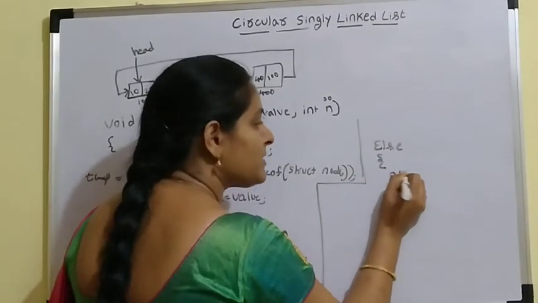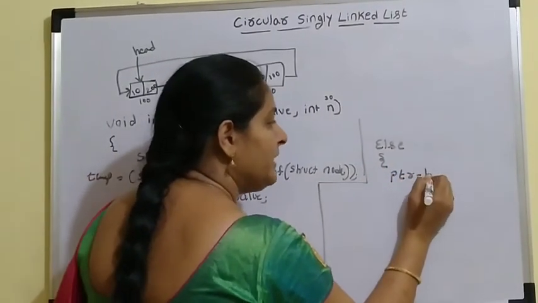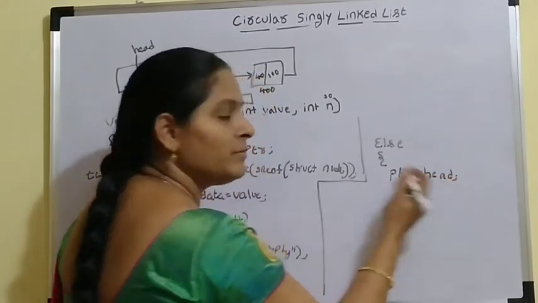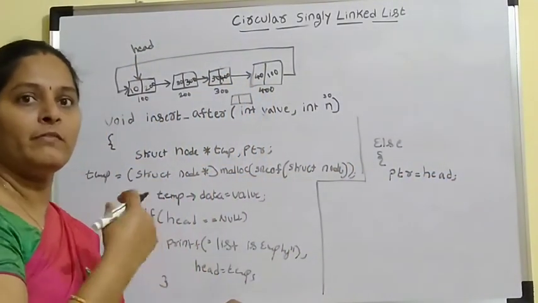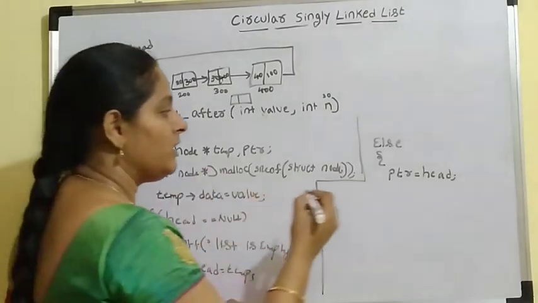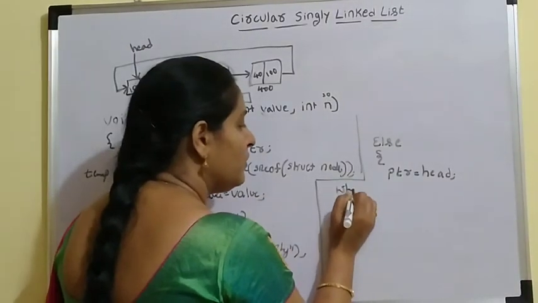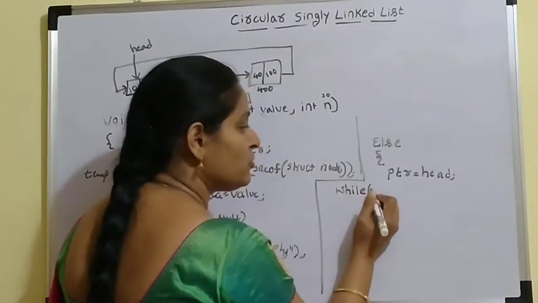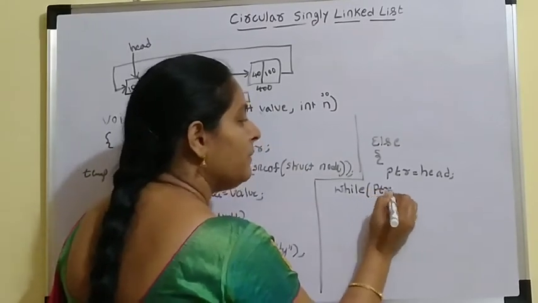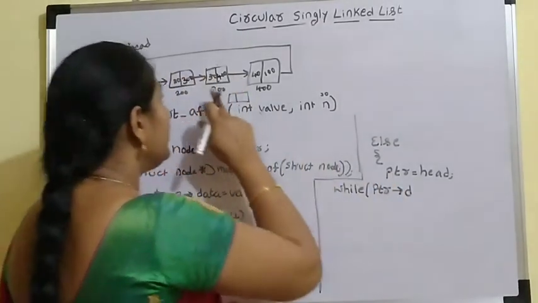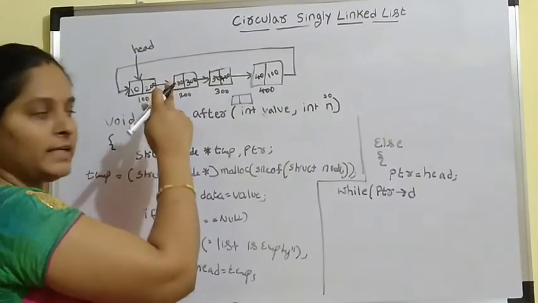Initially, I am setting PTR at the head position. That means I am comparing from the first node. Now, when I need to move to the next node, here I need to compare with the data part, right?